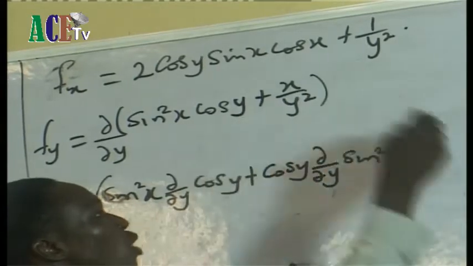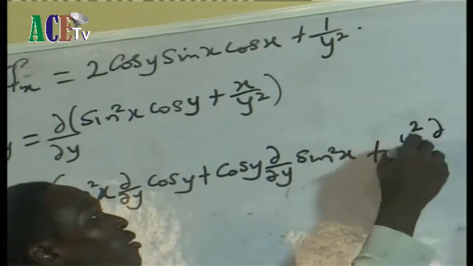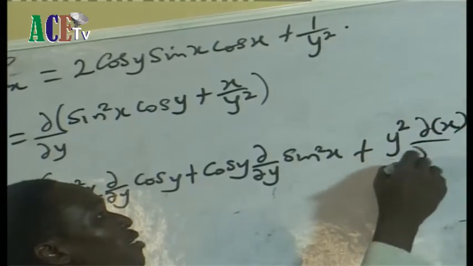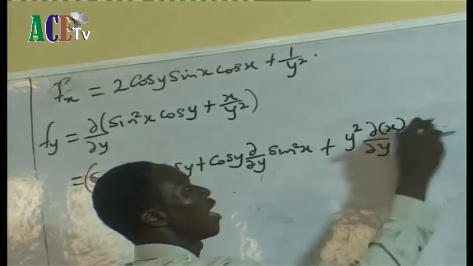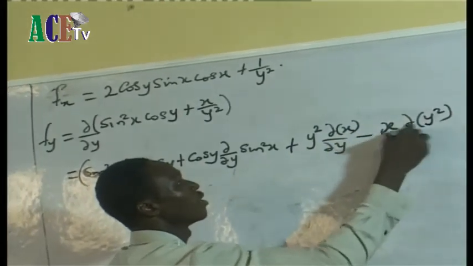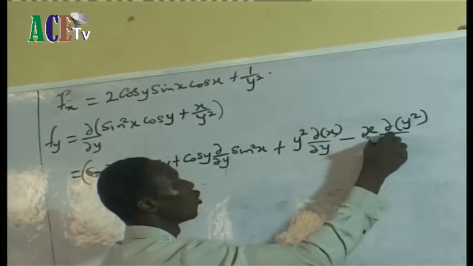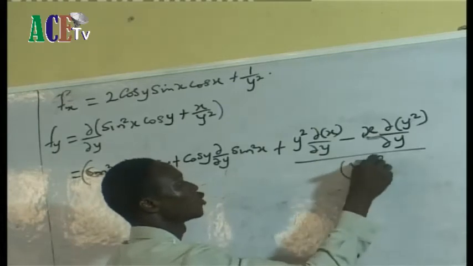Plus this one will give me y square, the derivative of x with respect to y, minus x, the derivative of y square with respect to y, everything over y square, squared.